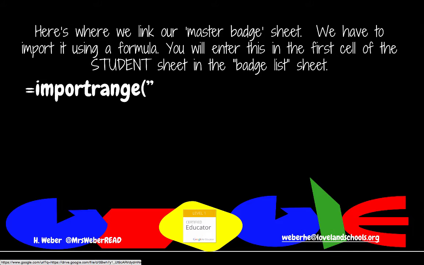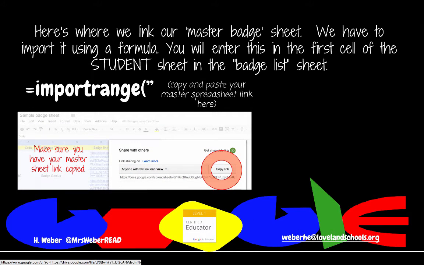Put all of that in. Then you're going to copy and paste your master spreadsheet link. Remember, you've copied it, so paste it after you've got equals import range parentheses quotation mark, no spaces.